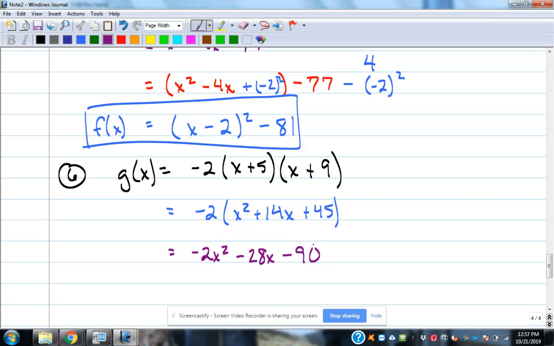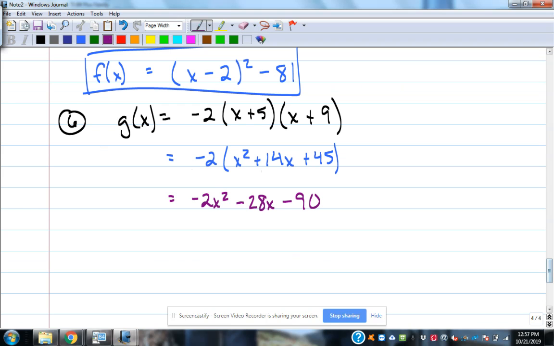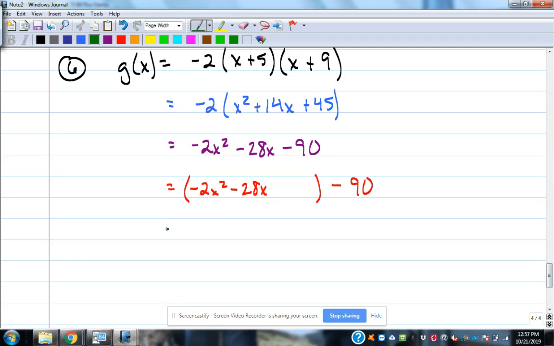So now we're in standard form, and I can set it up to complete the square. What should I do next? Pull out a -2. That's going to give us x squared plus 14x. It's familiar, it's what we already had in the step above. Now what?